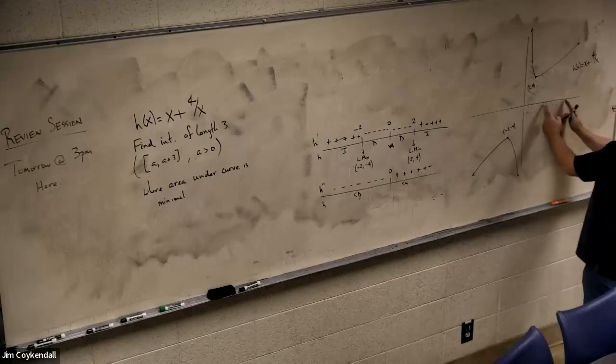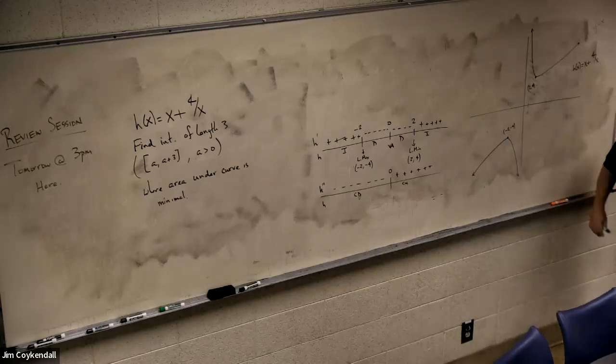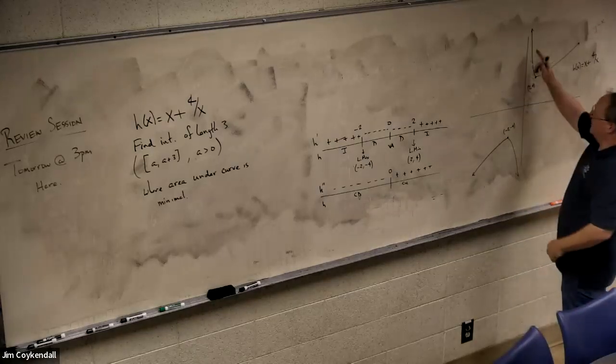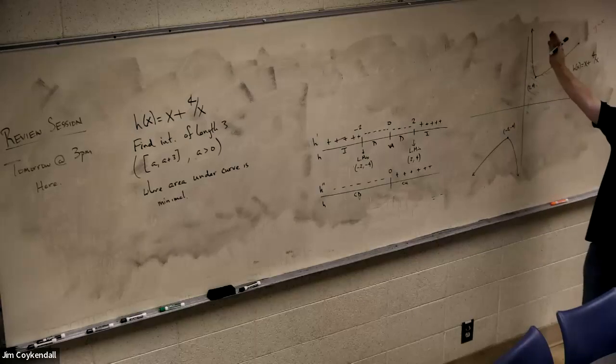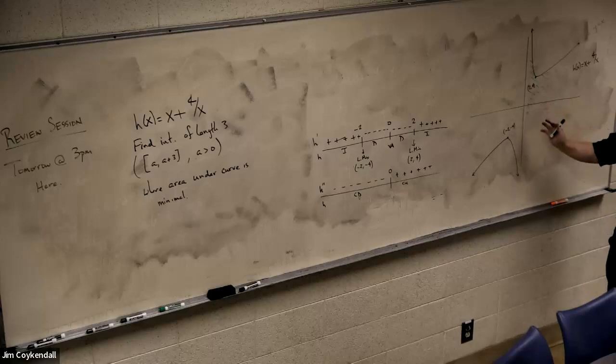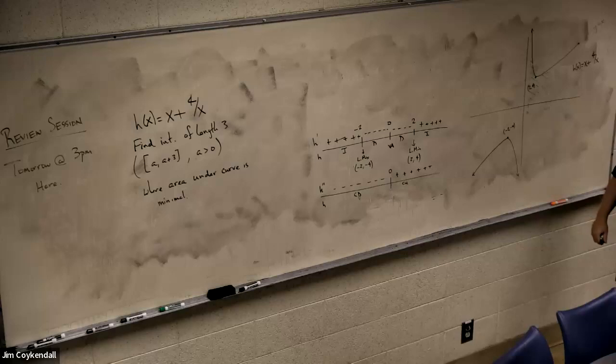Notice as I slide A out this way, the area under the curve gets bigger and bigger. And if I slide it this way, it gets pretty big too, since the curve gets so tall. So would you guess somewhere in the middle there's a place where the area under the curve is as small as possible? Seems like there's an answer.